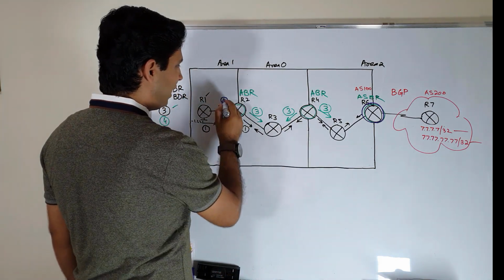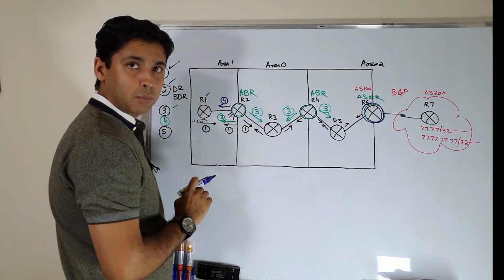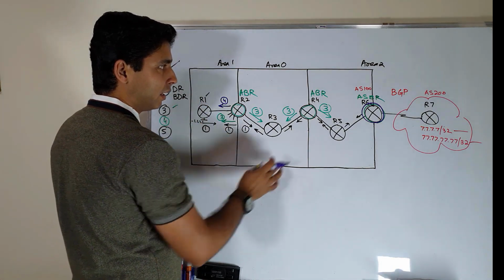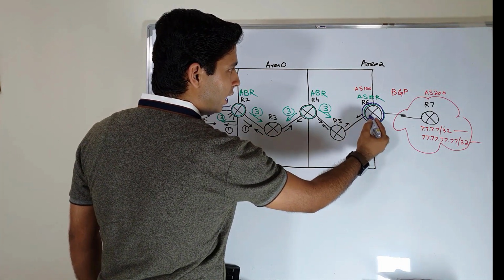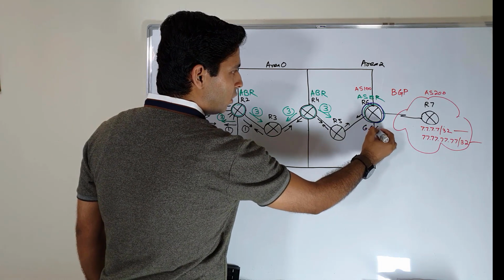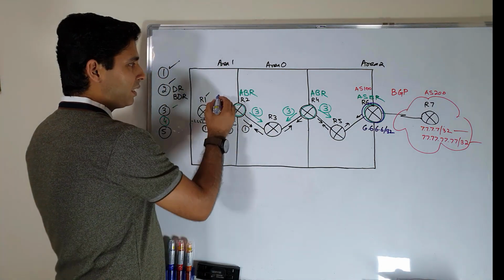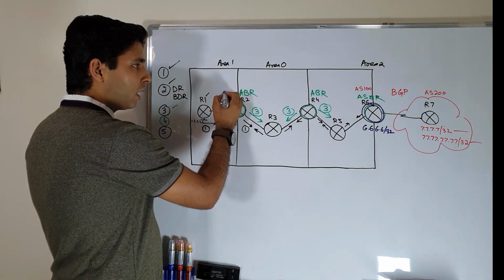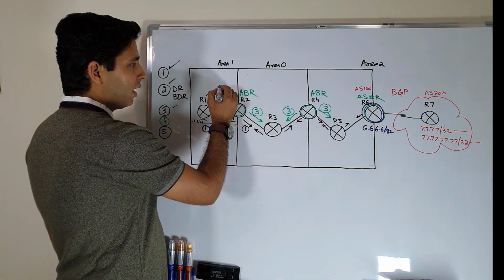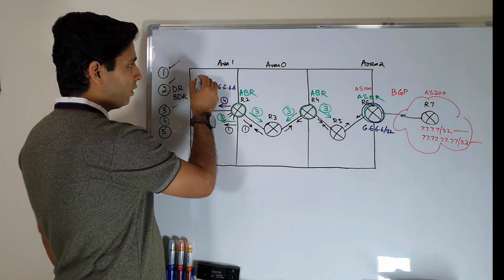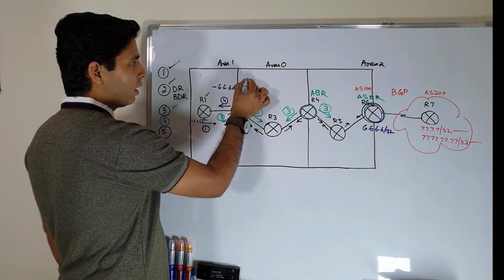If you go into the Wireshark capture, you will see LSA4 has an IP address, nothing else other than that. If the router ID of R6 is 6.6.6.6/32, let's say, this LSA4 will say that the router ID of our ASBR is 6.6.6.6, and it will tell us who the advertising router is.